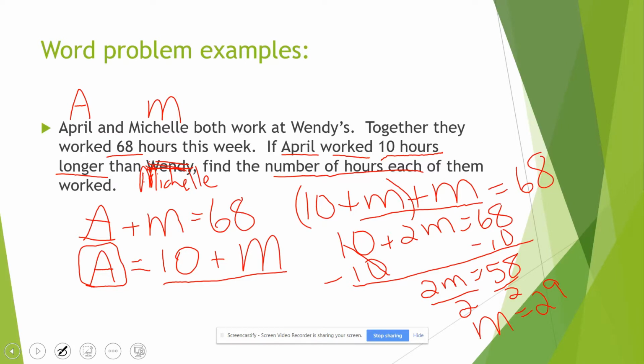I'm going to plug that in to our bottom equation over here for April to say 10 plus 29 gives us April working 39 hours. One last part to word problems that we need to do is we have A is 39 and M is 29, but we need to write down what that means.